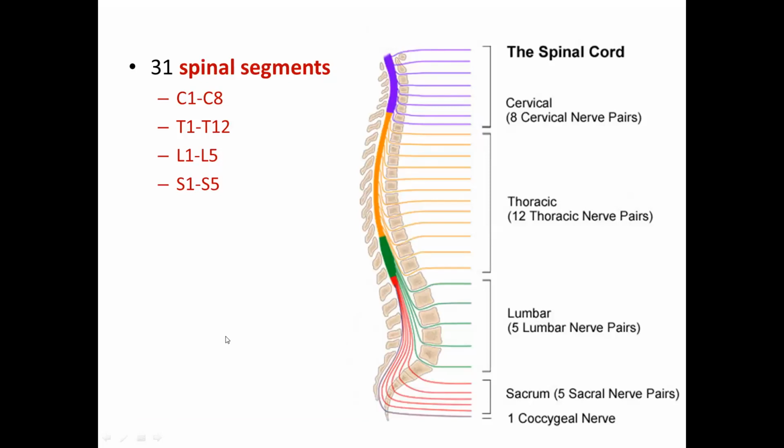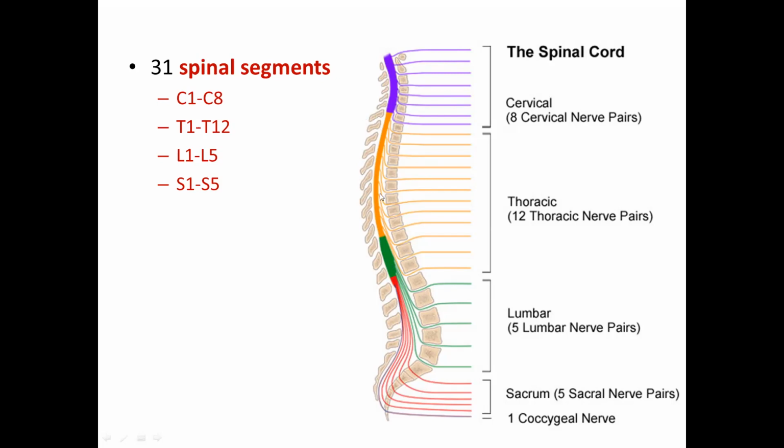Okay, so then you know that in the spinal cord you have all these segments, right? You have the cervical, thoracic, lumbar and sacral segments, and from these segments you get the spinal nerves arising, right? So you have 31 spinal segments, C1 to C8 in the cervical region, T1 to T12 in the thoracic region, and L1 to L5 in the lumbar region, and S1 to S5 in the sacral region.